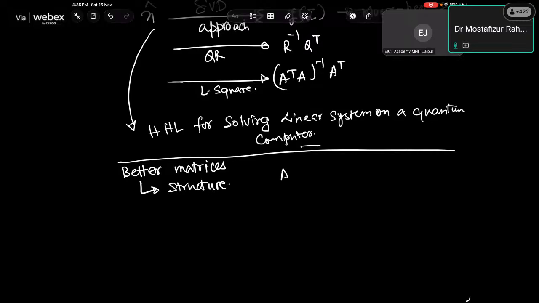Now A is a PSD matrix. If A is a PSD matrix, that means X bar transpose A X is greater than or equal to 0. This is by definition, right? Then the A matrix has a very good decomposition, and that decomposition is known as the Cholesky decomposition.